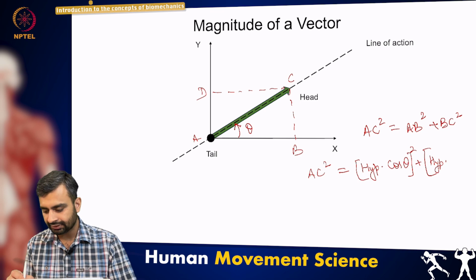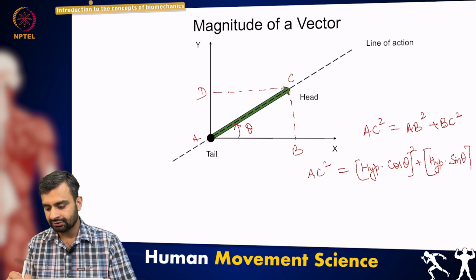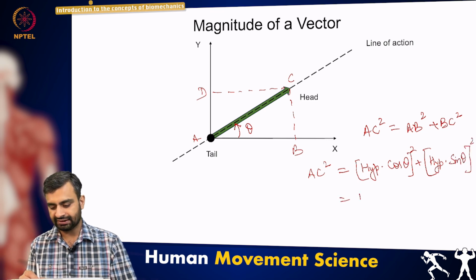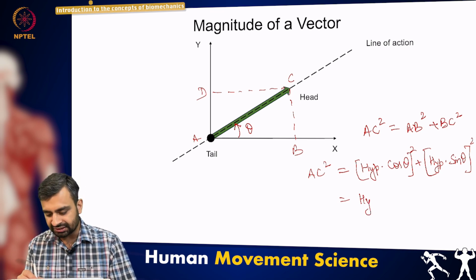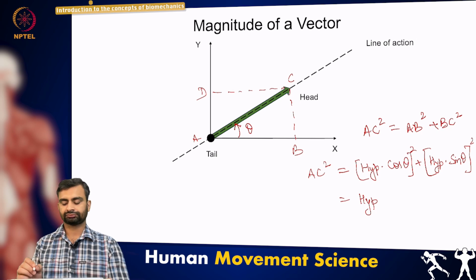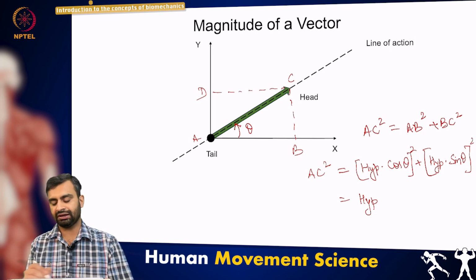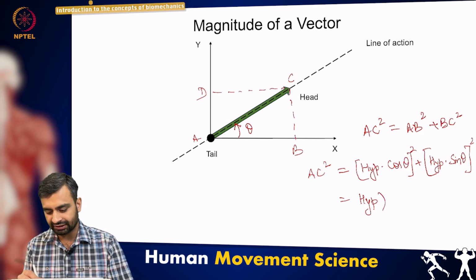and hypotenuse times sin theta whole square. This is the general overview. From here hypotenuse is common, so we can take it out and have cos square theta plus sin square theta.